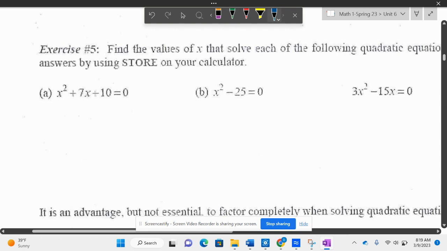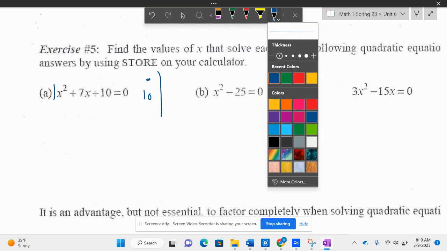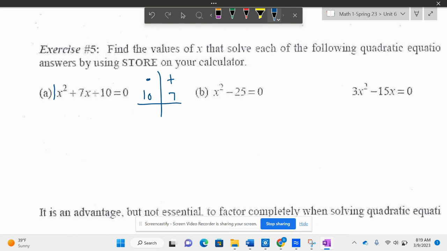So the cool thing is on this first one, the value of a is 1. And I know that when a equals 1, the factors that I choose and use. Yeah. So let's see. 1 times 10 is 10. Just flip it over. And I have to add to b, which is what? 7. What are two numbers that when I multiply them together, I get 10, but when I add them, I get 7? 5 and 2.